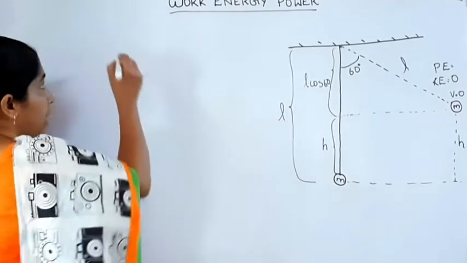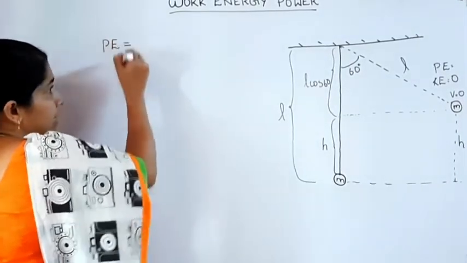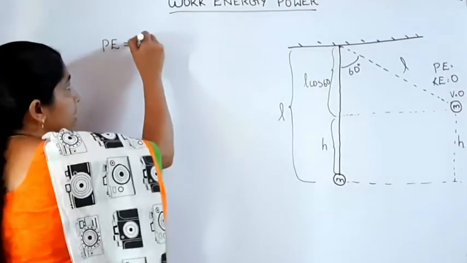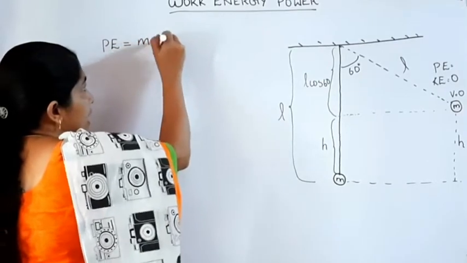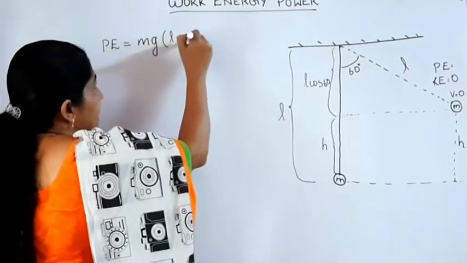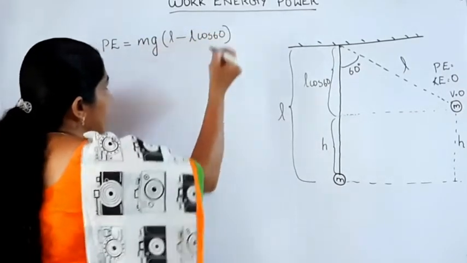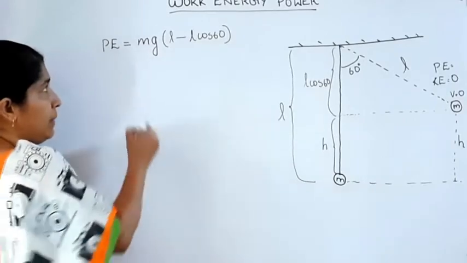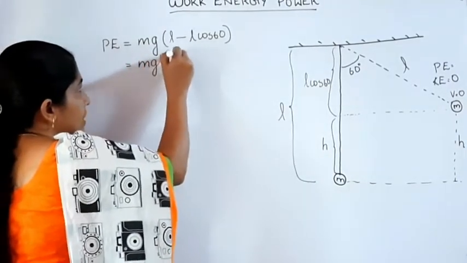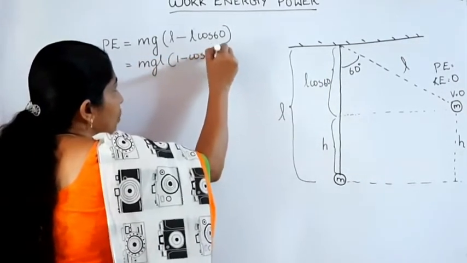Then the potential energy at an angle 60° can be written as mgh. Instead of h we can write L minus L cos 60. That can be written as mgL, with L taken outside, into 1 minus cos 60. Cos 60 is equal to 1 by 2.